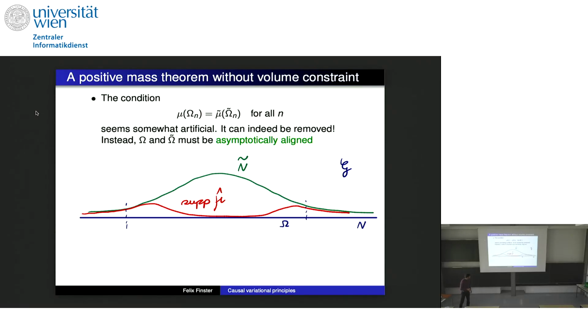Okay, and now it turns out that using this new functional, we can in fact get rid of this extra condition. What we do is, now we have to identify the spaces near infinity in the kind of optimal way. This is what we call asymptotically aligned. And if this is done, then we can modify the space in the interior as shown here by the support of mu tilde. And then by comparing mu tilde with mu, we get the positive mass theorem without any volume constraints.